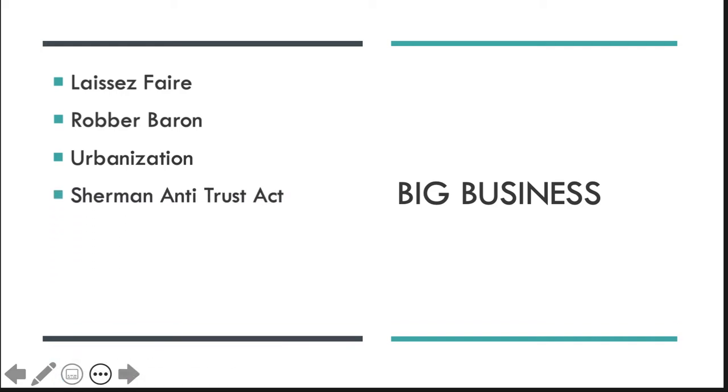The Sherman Antitrust Act, another term that we need to know. The Sherman Antitrust Act is going to try to regulate big business. Now remember, trust is another term for monopoly. The goal of a monopoly is to limit competition. Limiting competition is bad for the consumer and it's bad for the economy.